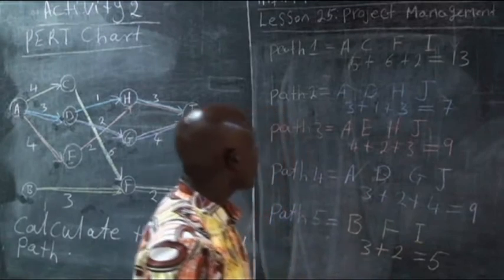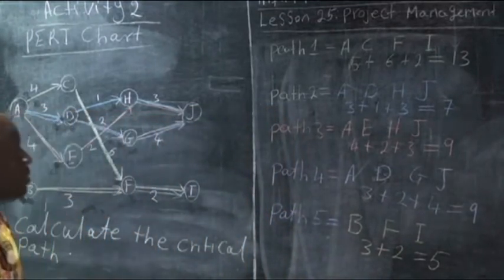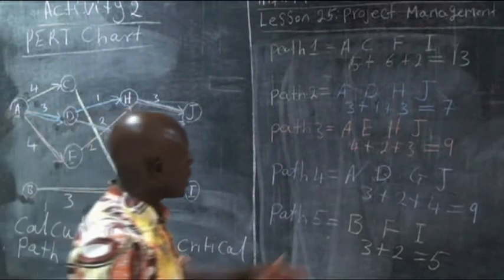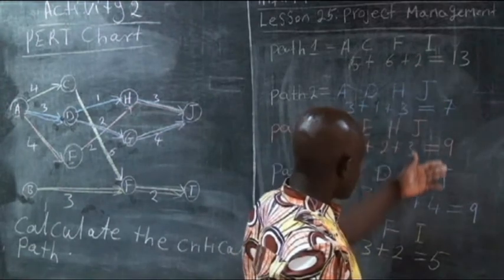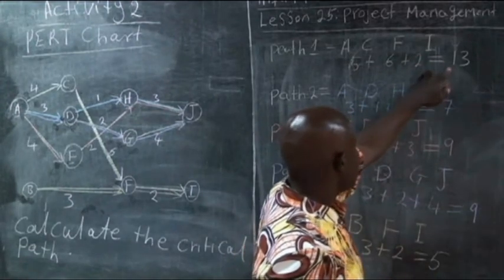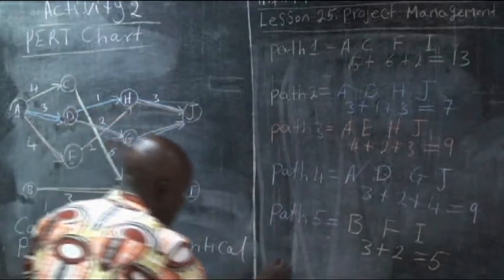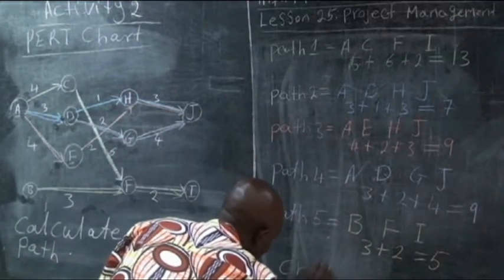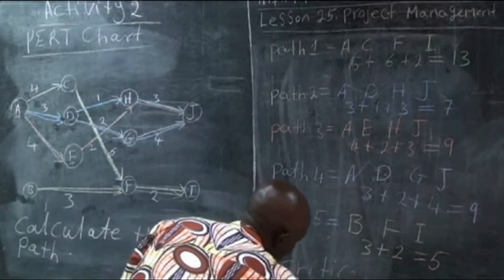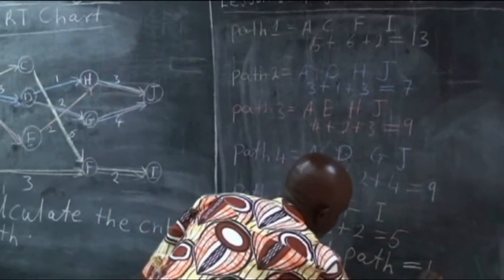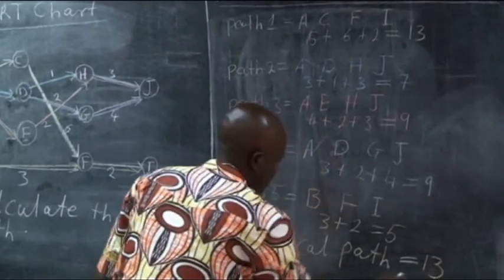And from here, our critical path will be the path with the longest time duration. And from there, we see that the path with the longest time duration is 13. So the critical path is equal to 13.